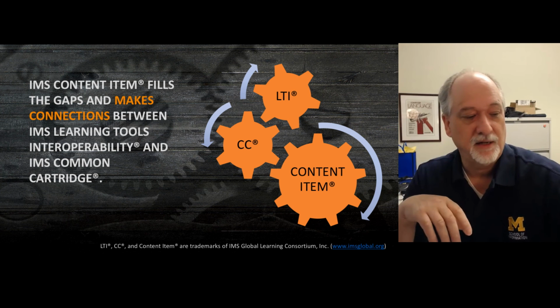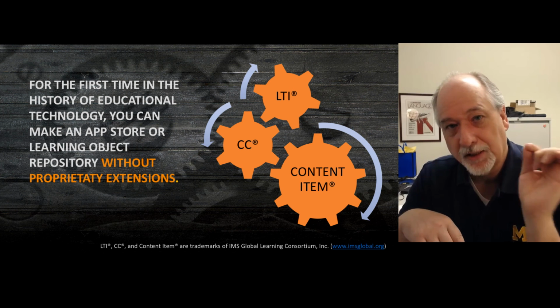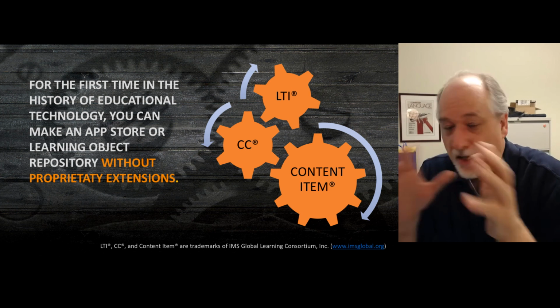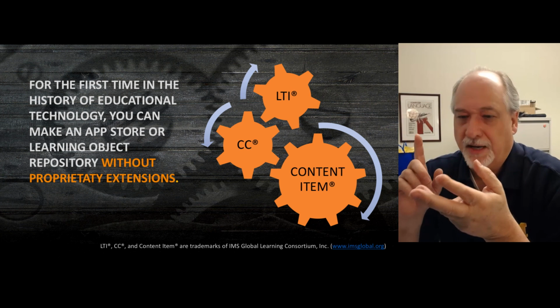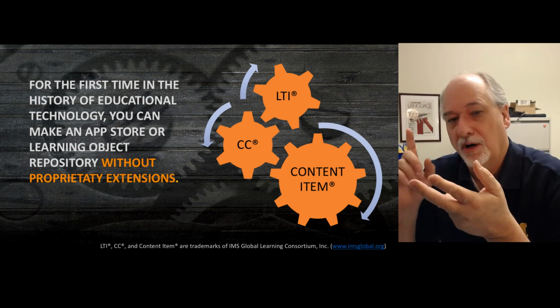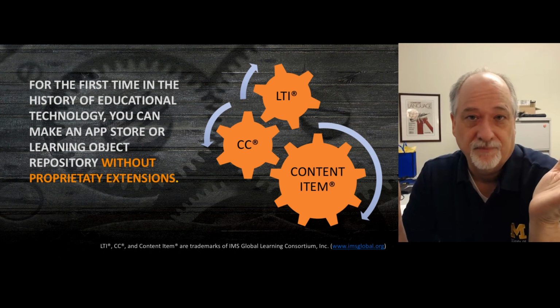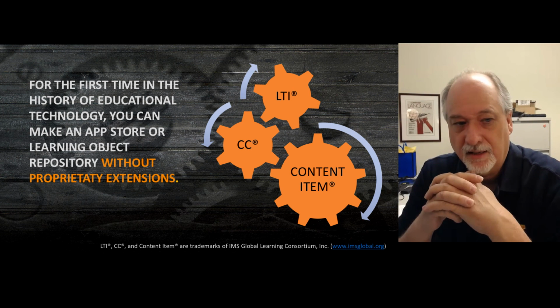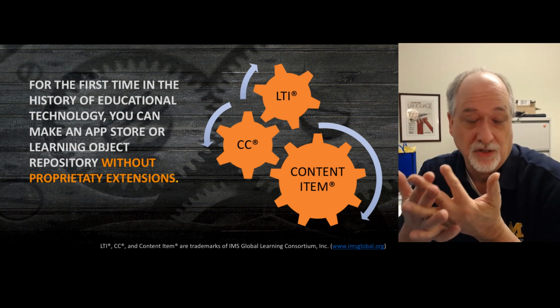And that's why content item is so absolutely important, because ultimately I have been watching learning object repositories, go back to Equella, go back to Blackboard's Explore, go back to Canvas's Commons, and I think they're all crap, basically. And the reason they're all crap is that they don't actually address the needs or use cases of teachers.